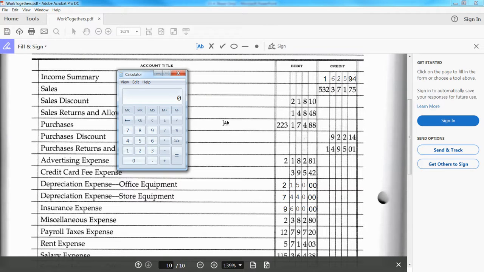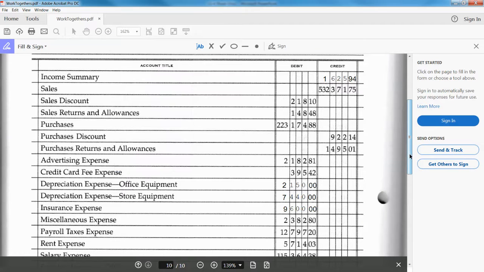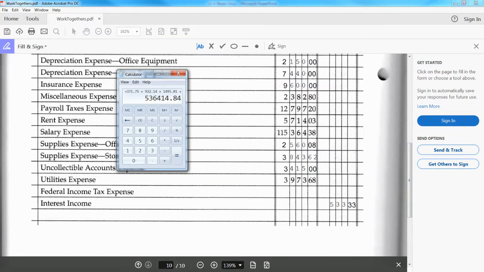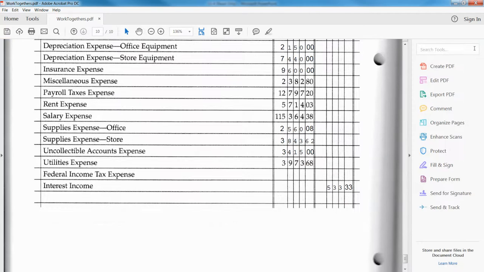So now when I add my numbers up again, 1625.94 plus 532,371.75 plus 922.14 plus 1495.01 plus 533.33 equals 536,948.17.